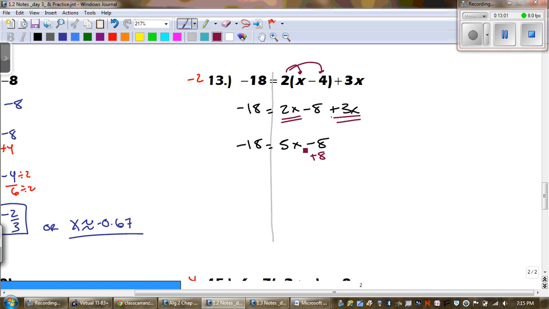Okay, and then inverse operations, we add 8 to both sides. We get -10 equals 5x, and then divide both sides by 5. And then we get -2 equals x.